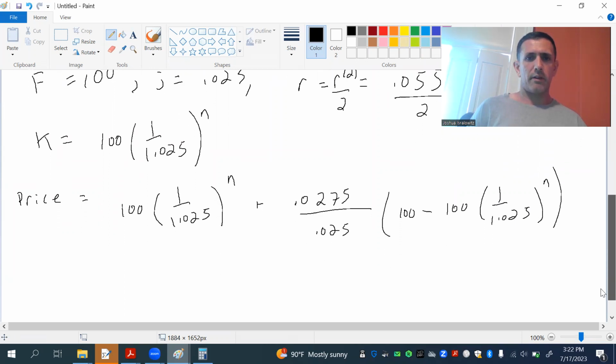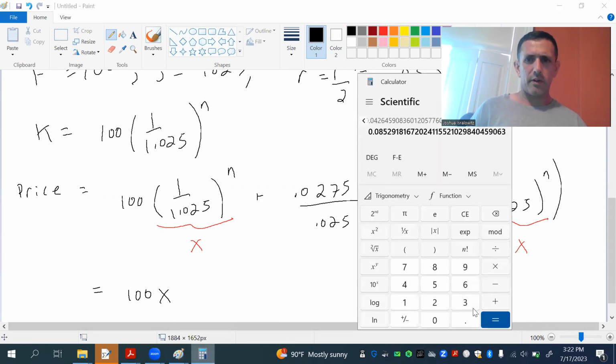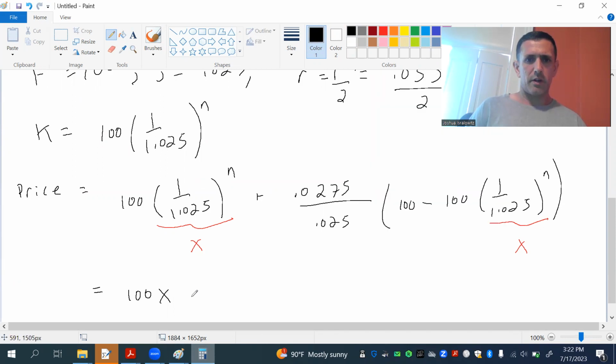All right, and let's make life easier by setting this to be X. So 100x. Do this in a calculator. 0.0275 over 0.025. I think it's a nice number. Yes, it is. 1.1.